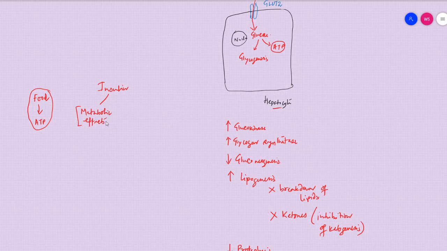So insulin has metabolic effects, and here we're talking about effects on the primary constituents of food, which are carbohydrates, proteins, and fats. This is about carbohydrates.